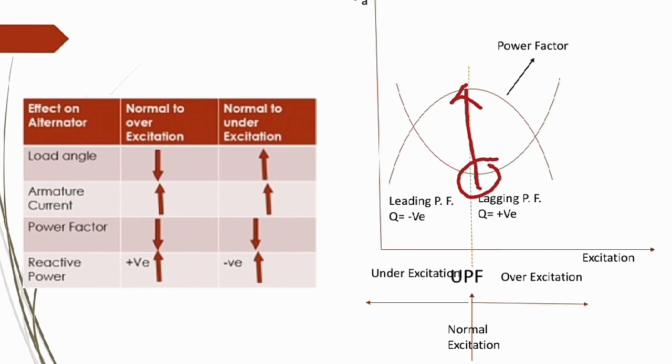In that case the power factor angle phi equals 0, so cos phi will be maximum. So at normal excitation, the value of IA will be minimum and the power factor is maximum.